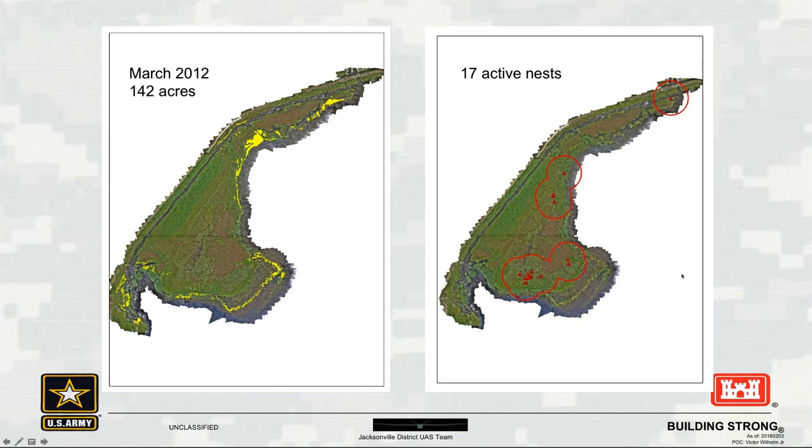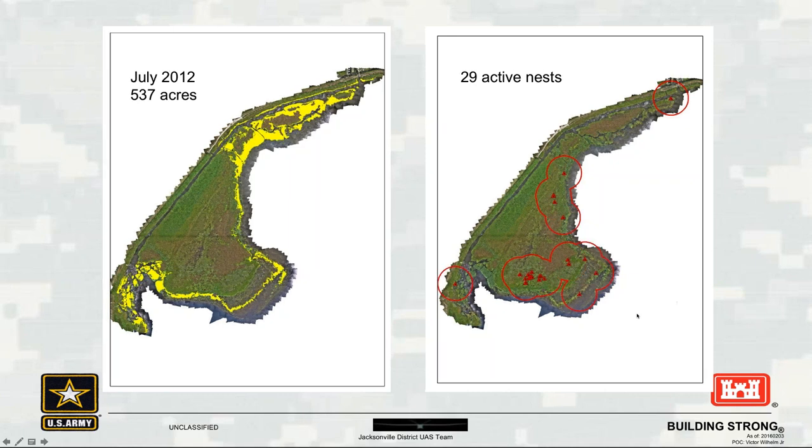The yellow is digitizing in ArcGIS based on the imagery we received from the UAV flight. In March there were 142 acres with 17 nests. Next slide, please. By July there were 537 acres in this area and 29 nests.